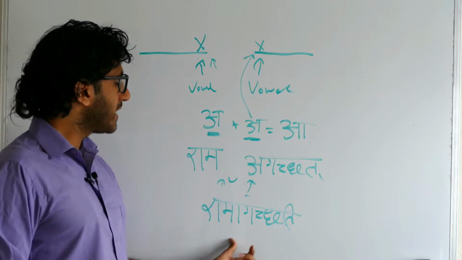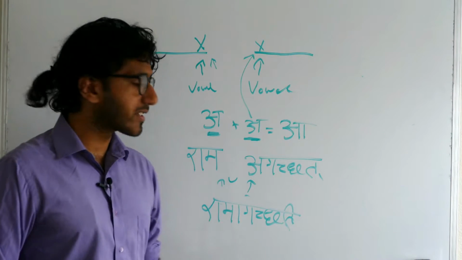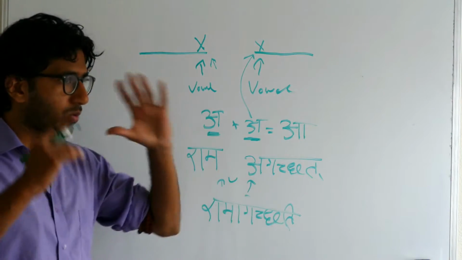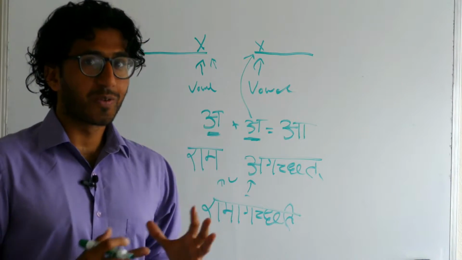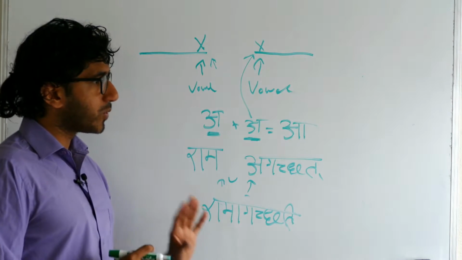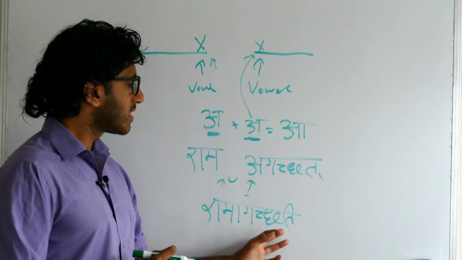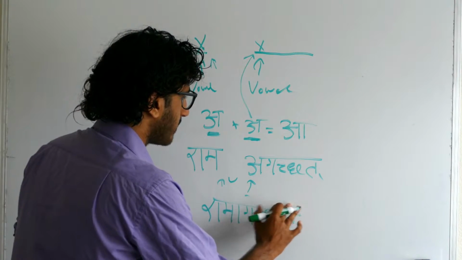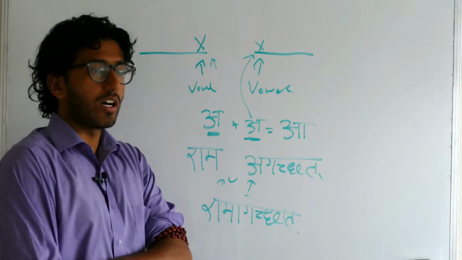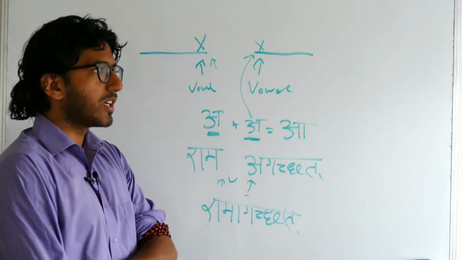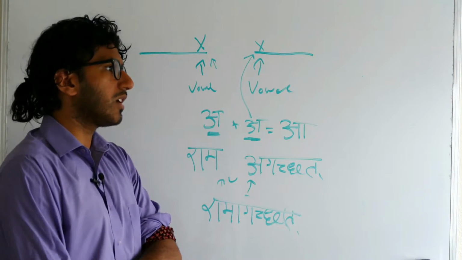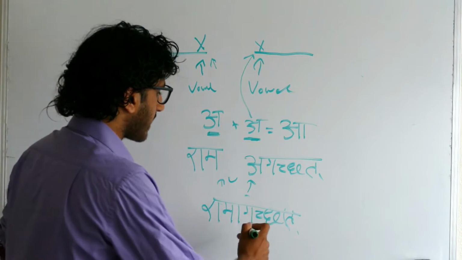When we're reading a text and you see Ramagachat, you're like, whoa, okay, I don't know what this could mean. Then you go, okay, wait a minute. I know that agachat means he went. It's a past tense, he went. So I know that I can separate agachat.